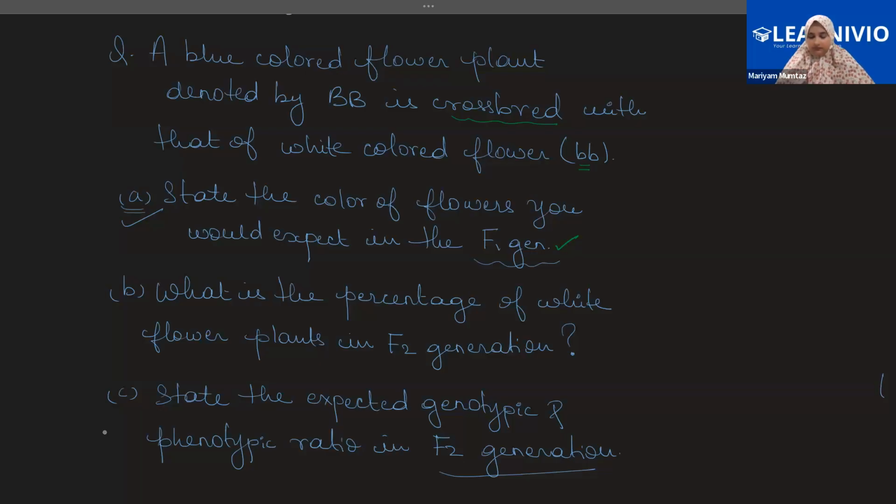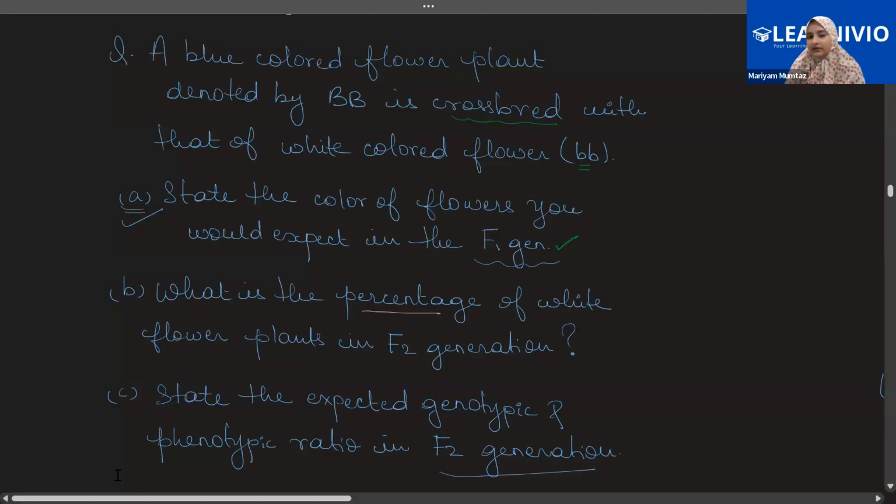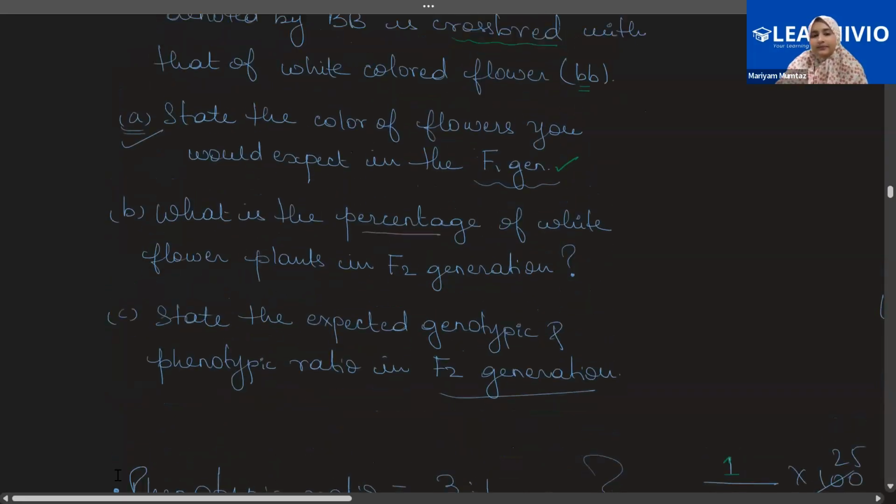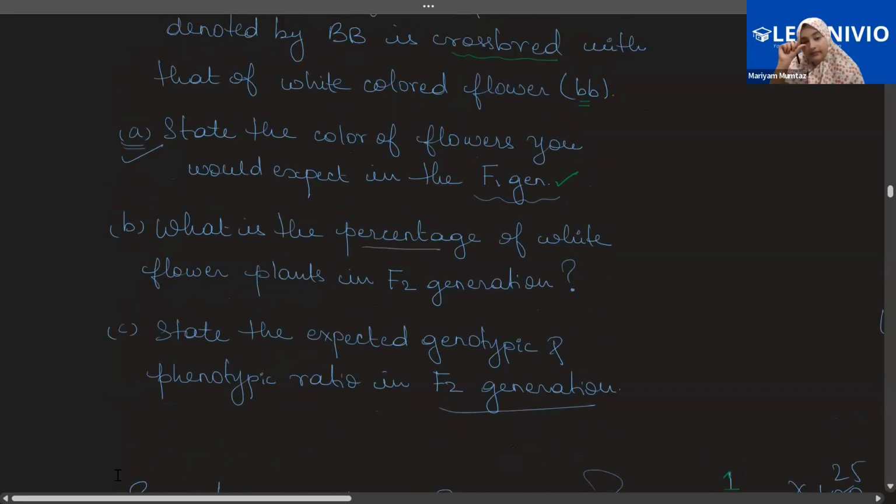Done, ma'am. Tell me. B is one white flower. They're asking the percentage. Okay, tell me C. C is 9:3:3:1.